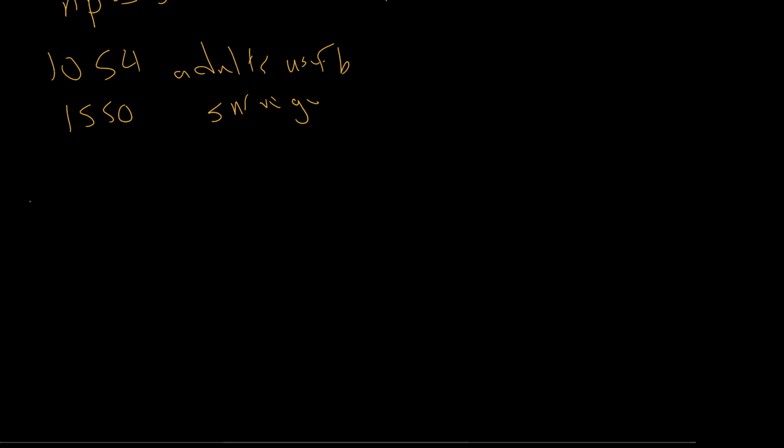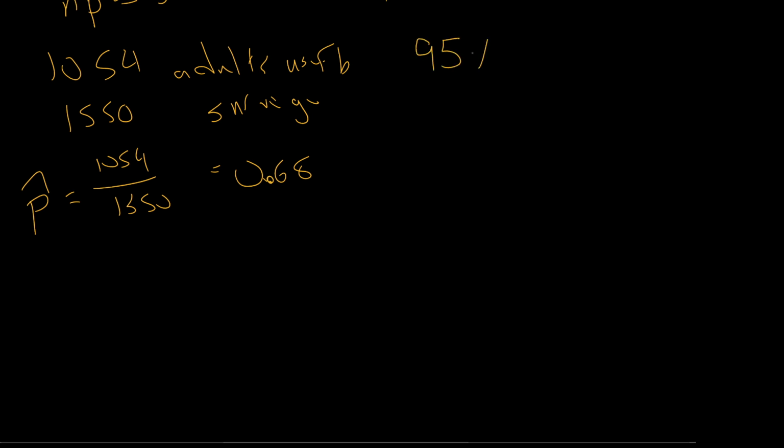This is the proportion estimator we got when we did 1054 by 1550, which was 0.68. And so we're thinking of the population, about 0.68 of people use Facebook, but we want to put a confidence level to it. And so we want to say we want to be 95% confident.